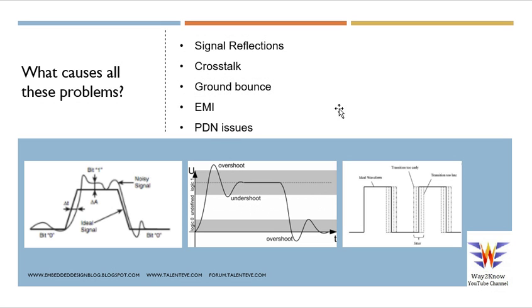One thing is signal reflection, which could be one of the major problem, and then crosstalk, ground bounce, EMI, and any PDN issues. PDN is power distribution network issues, so which is more related to the power topology of your board. So we will talk about these particular scenarios in the next videos.